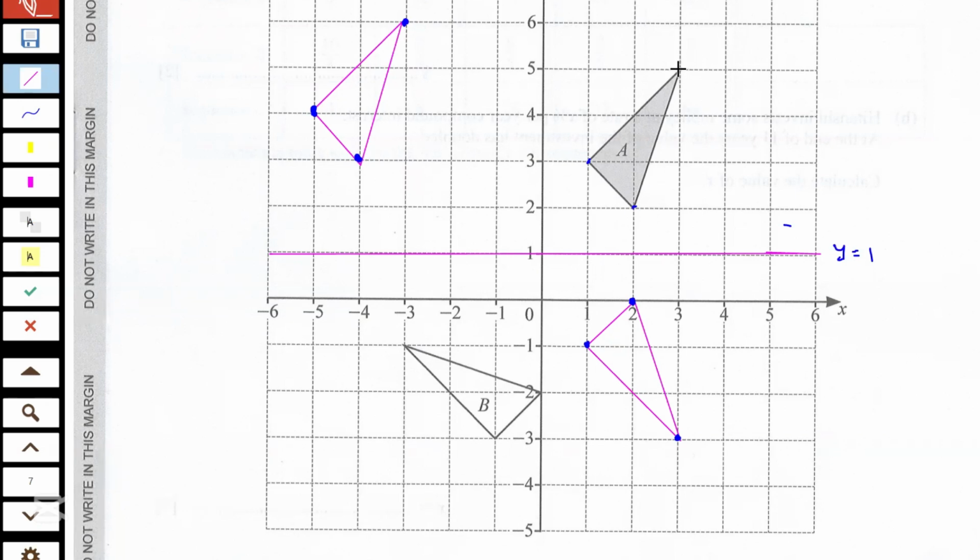Let's say, for instance, I'm joining this to this. Okay. And I'm joining this point to this point. So the first step is we connect two pairs of corresponding points. This point corresponds to this. And here we've got the second point corresponding to this.